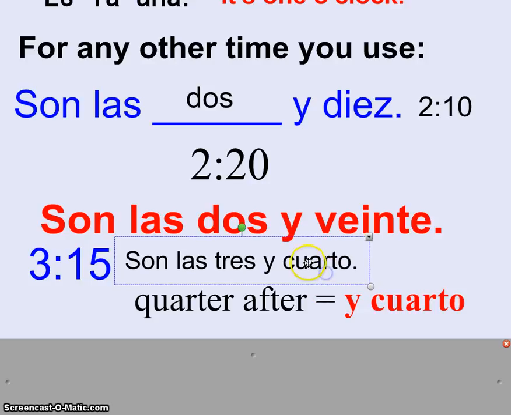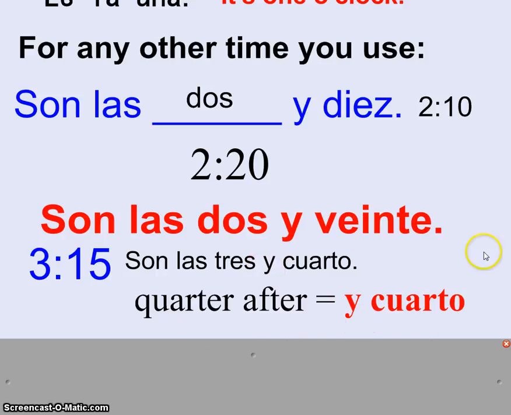So don't make a mistake as far as getting them mixed up. So this is quarter after 3. Son las 3:15. If it was 2:15, we'd say son las 2:15. If it was 12:15, son las 12:15. So make sure you write down this quarter after equals y cuarto.